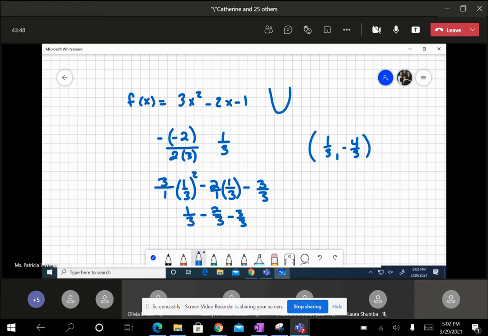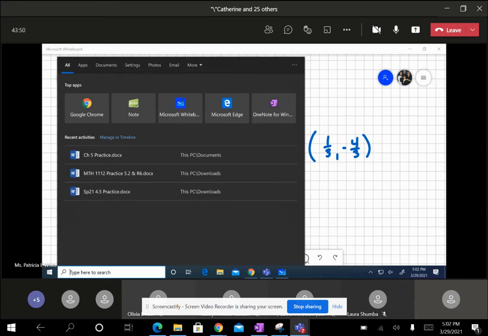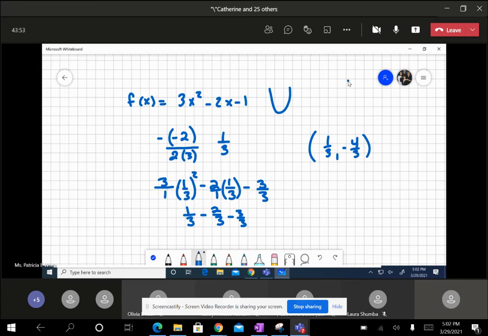Same thing with 8. And I'm going to start jumping, guys, in the interest of time. How are we on the inequalities? Okay. What do I need to know?